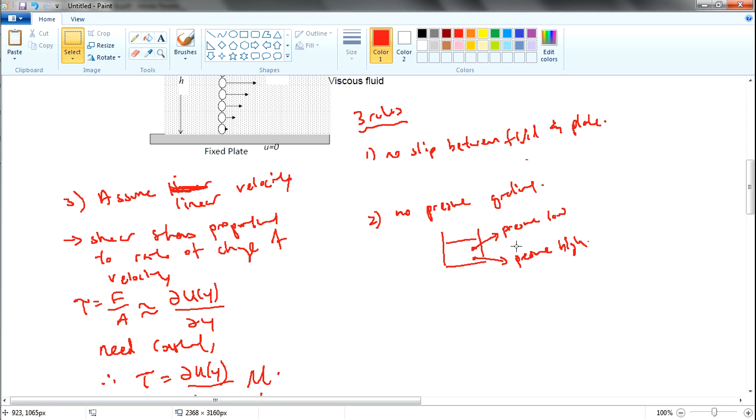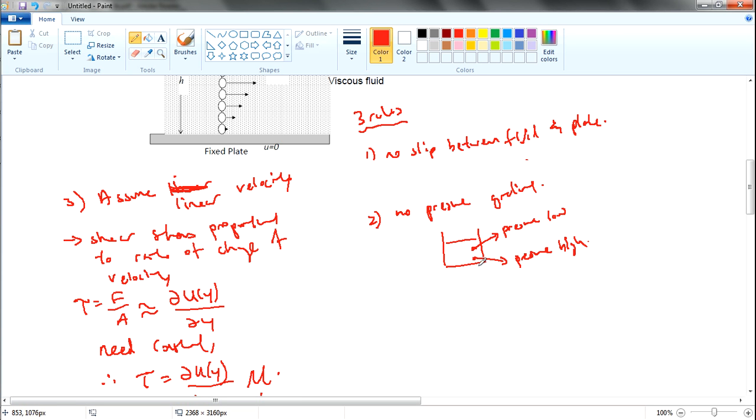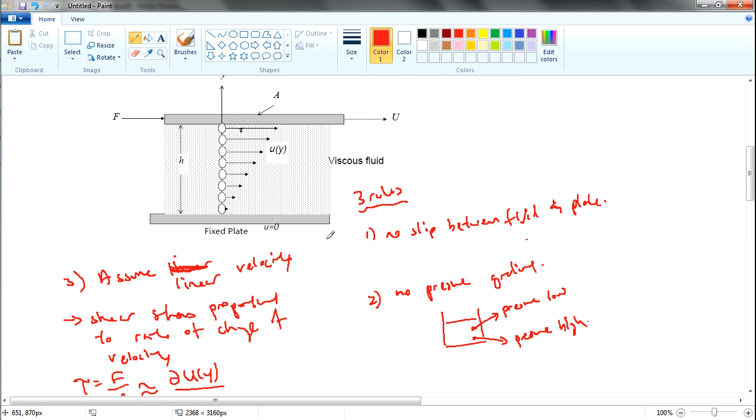So we assume that there is no such thing at all, because in all these questions we are dealing with pipes and small distances, maybe less than 1 meter, somewhat 0.05 meter, which is very small. So the pressure gradient is actually negligible. Unless you're studying big stuff, but we are trying to set up a boundary condition so you can study it in an easier way.